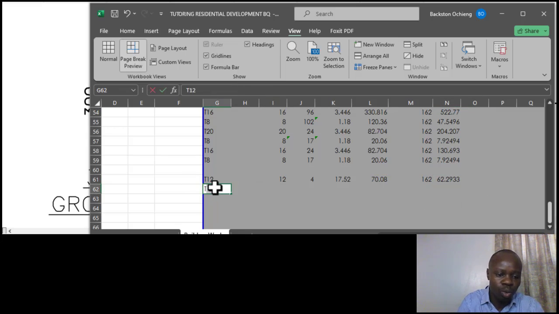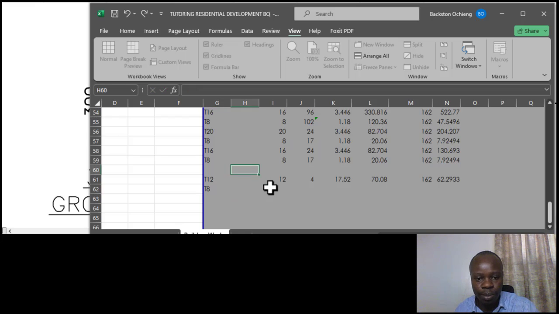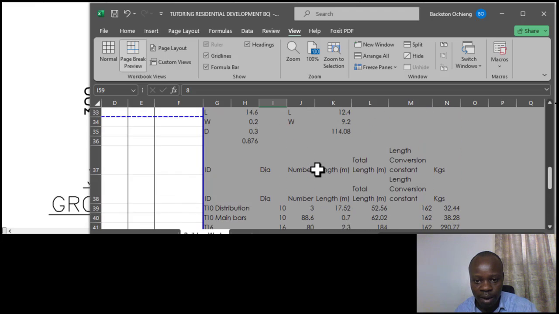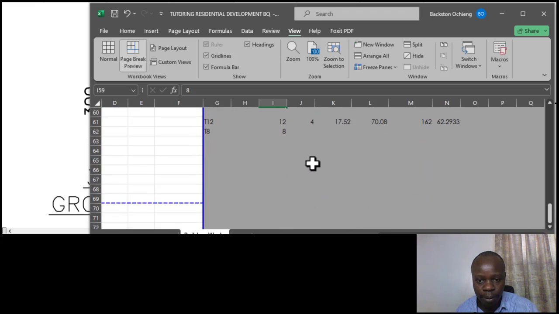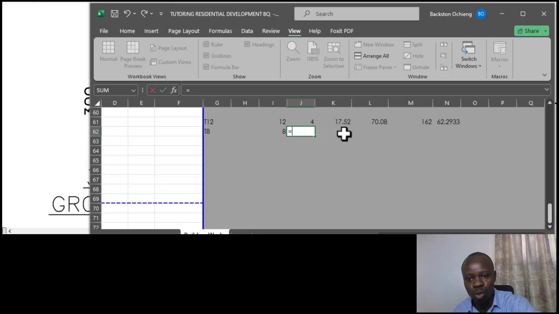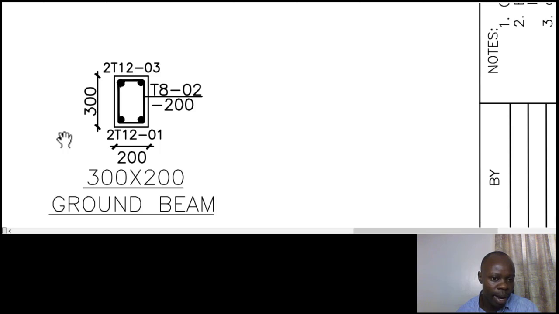Then I would like us to get the lengths for the links of the beams. Diameter is 8. Alright. After the diameter, then we get the number. So the number is equal to the length of 1, which you've just got above there, divided by the interval. Alright, it's T8 stroke 200, which is the bar mark.